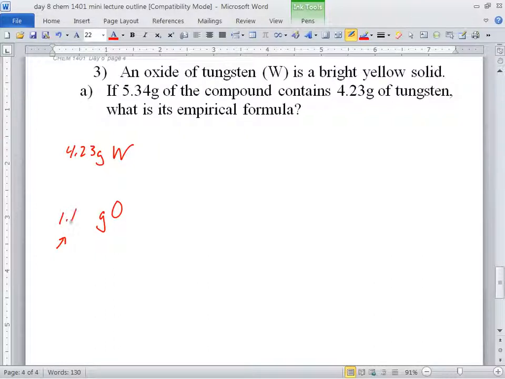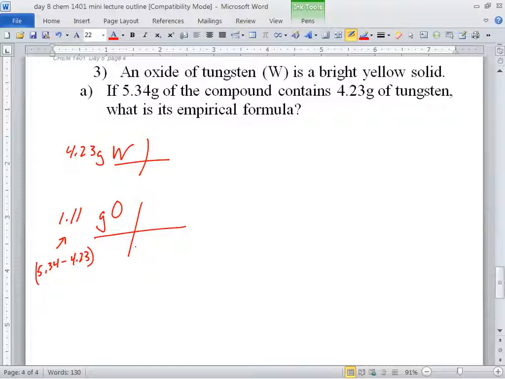Take 5.34 and subtract out the 4.23, because it only contains those two, tungsten and oxygen. So that's why you can subtract. So it's kind of a trick question. You see where we got that?